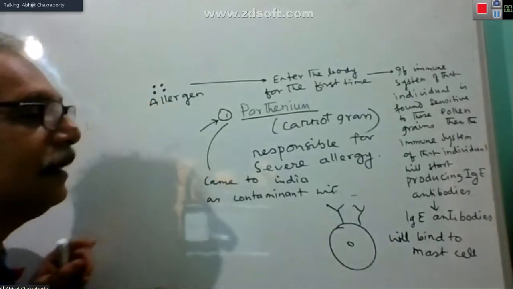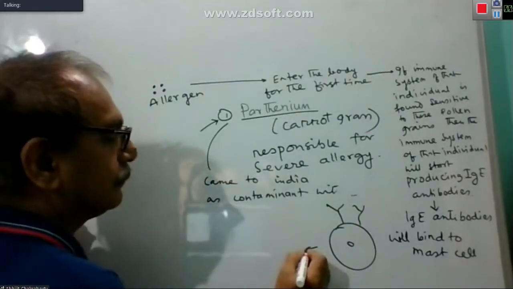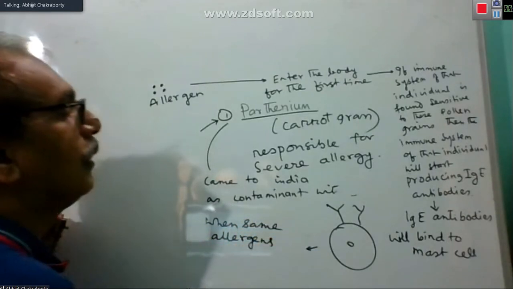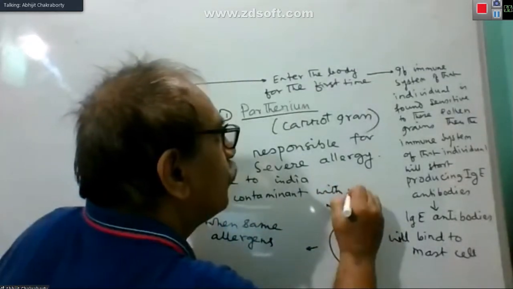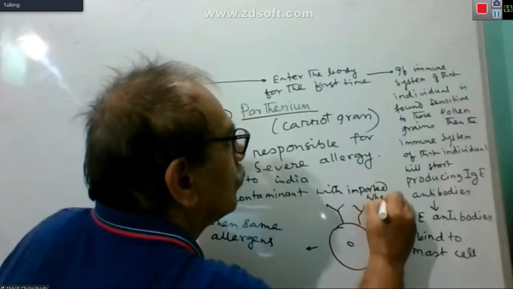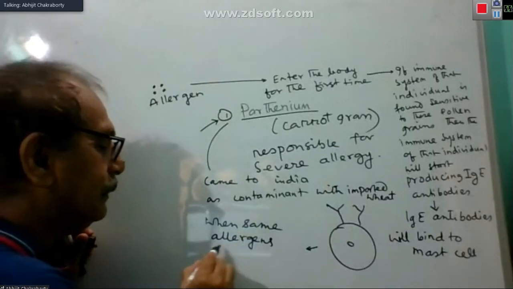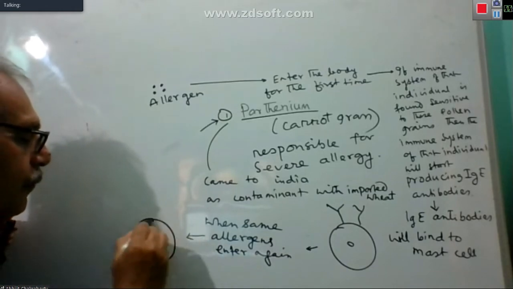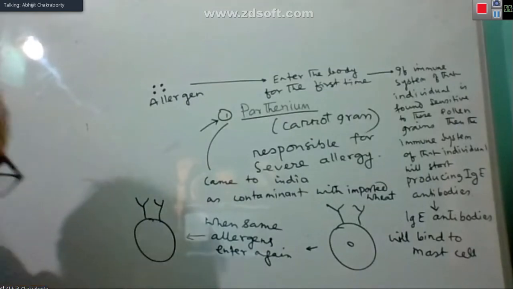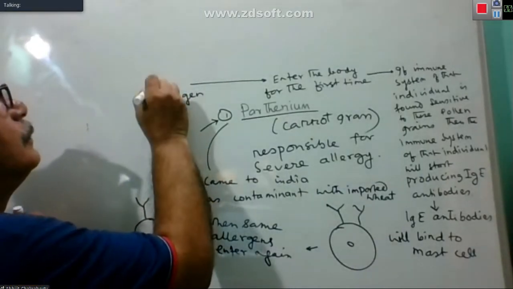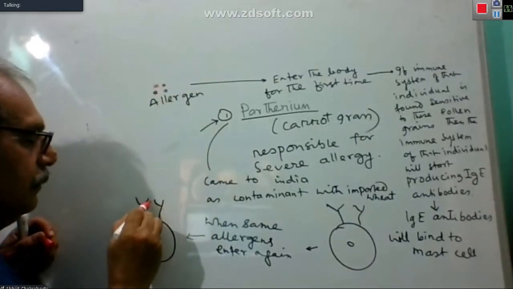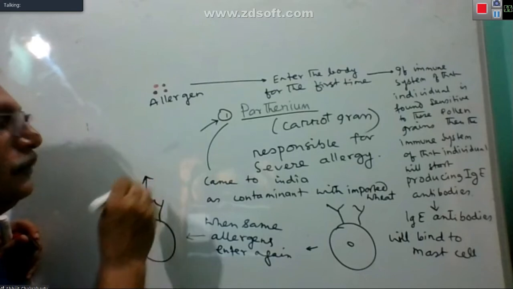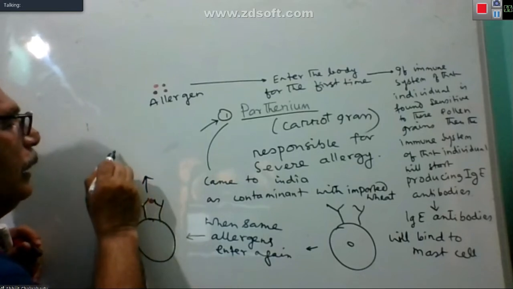But when the same allergen enters again, this allergen will bind to the IgE antibodies attached to the mast cell, so that the permeability of the mast cell changes and histamines are released.